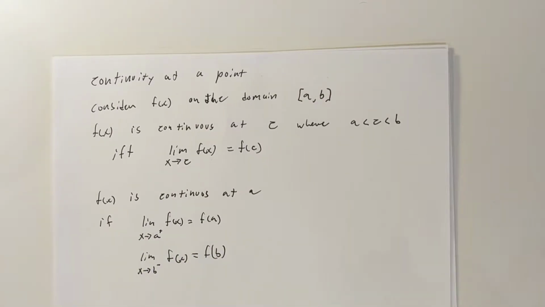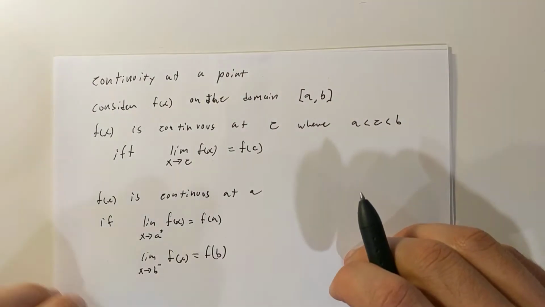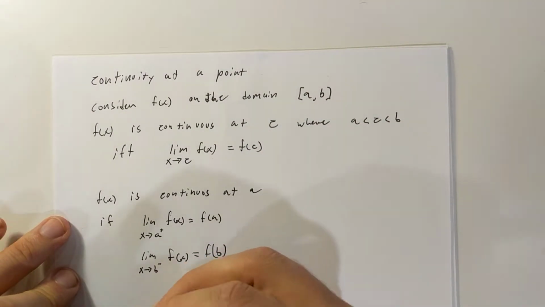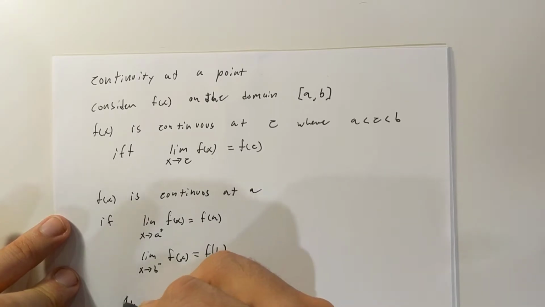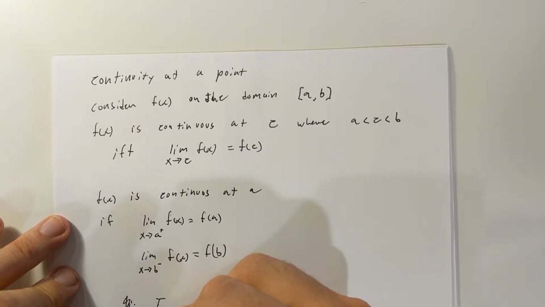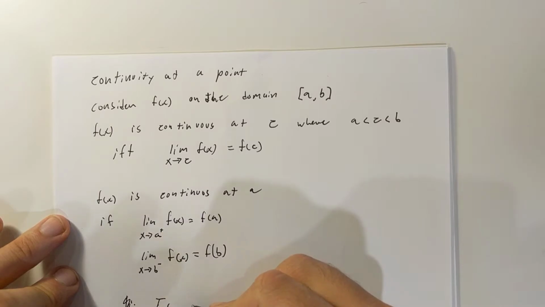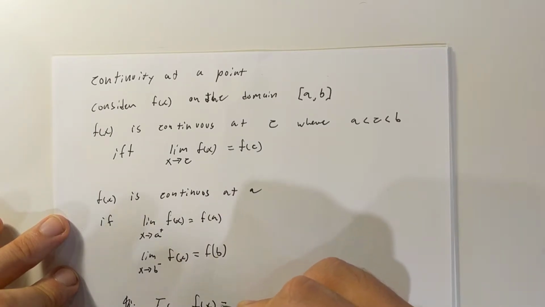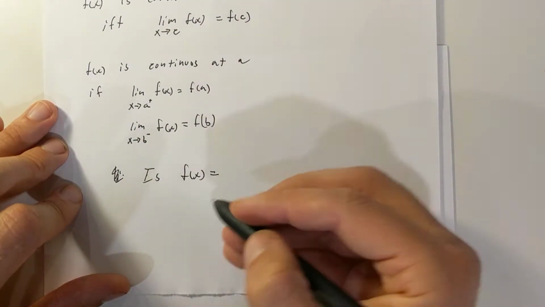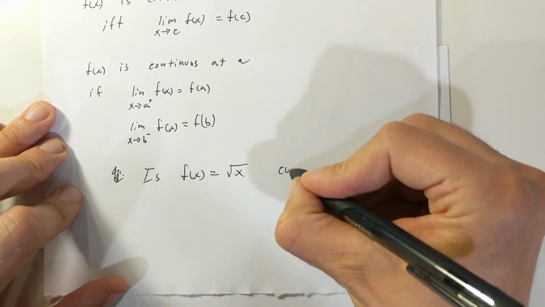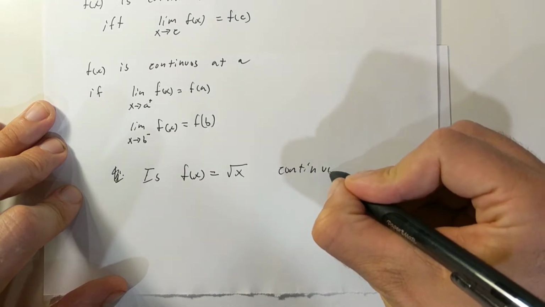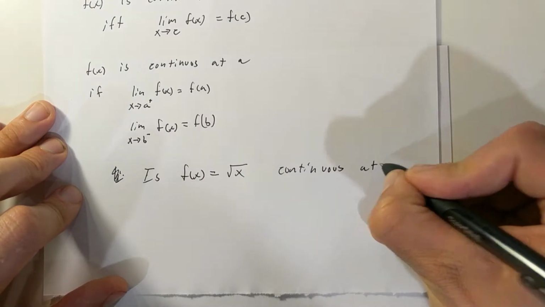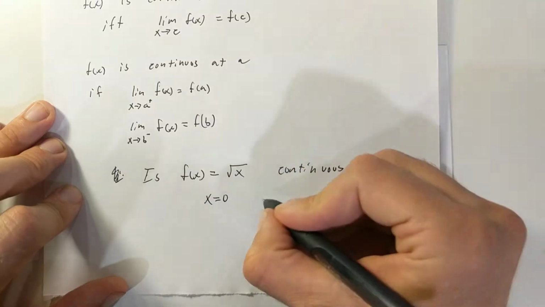An example of one of these would be, basically the question is: is the function f of x equal to the square root of x continuous at x equals 0?